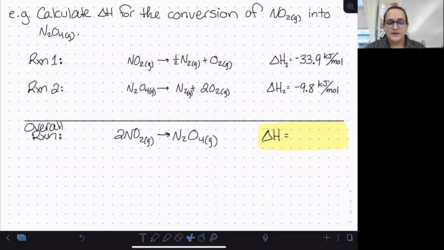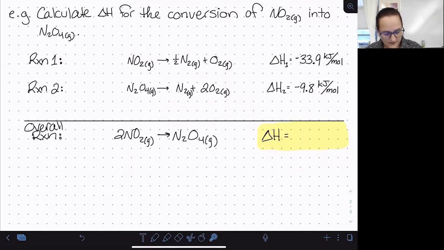So now let's look at an example where we need to do some rearranging in order to solve this problem using Hess's law. We have these two reactions that we know the delta H for, and this reaction down here is the one that we're trying to solve for. So we're going to need to rearrange some stuff.